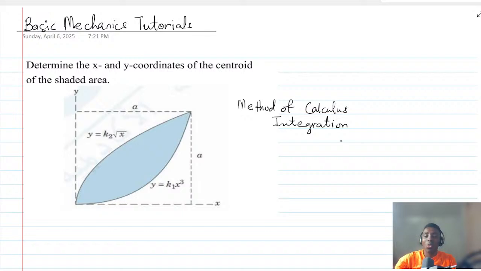First of all, when you take this figure here and you have been asked to find the x and the y coordinate, what you do is take a portion of this section. You can either choose a region along the x, or a region along the y.